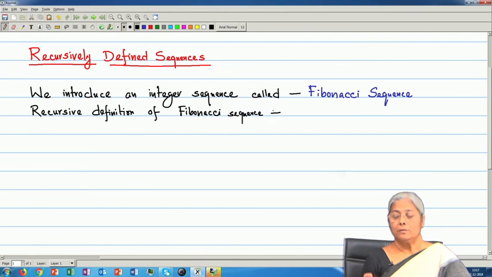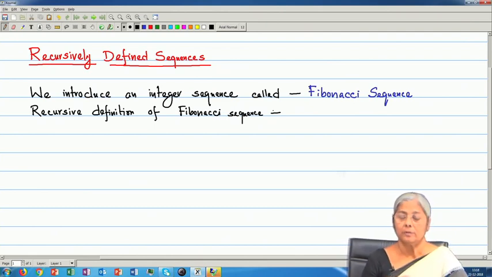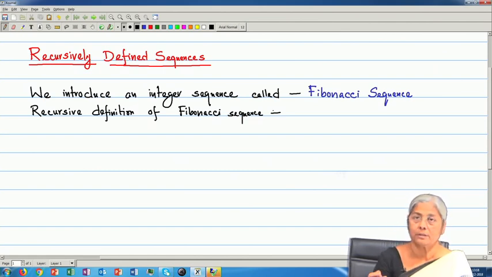As we discussed last day, recursively defined sequences, functions and sets have some initial values, and we can give some rule so that we get a particular term in the sequence from the previous term or previous set of terms.